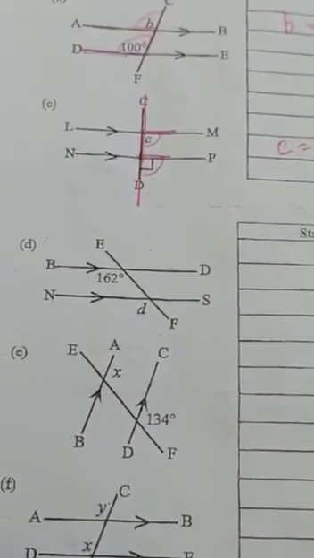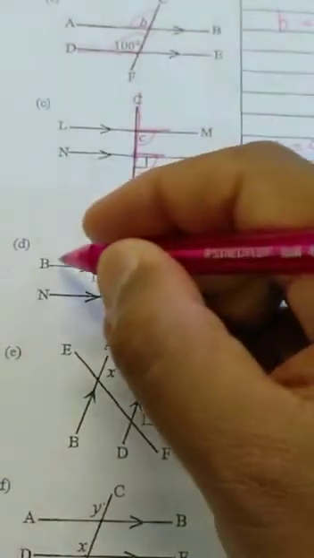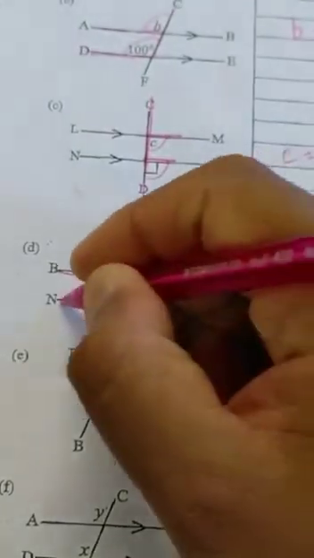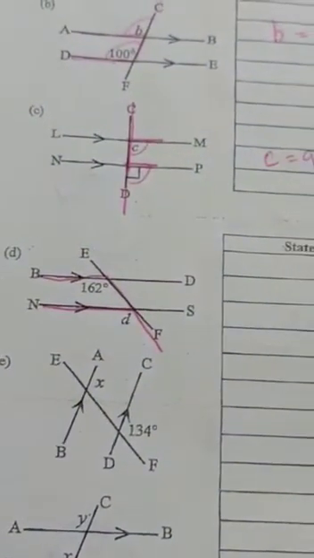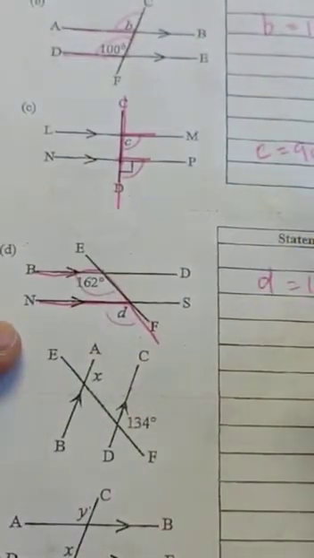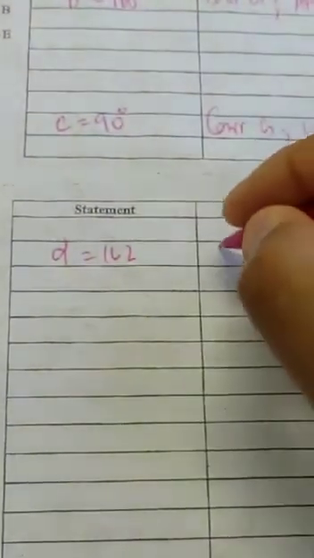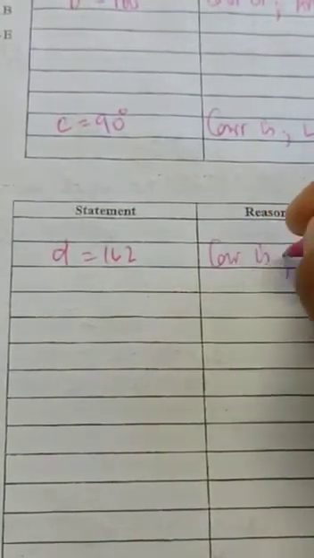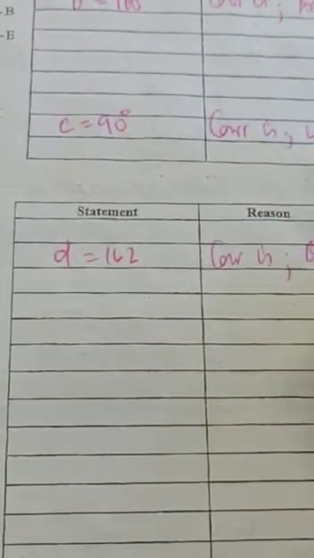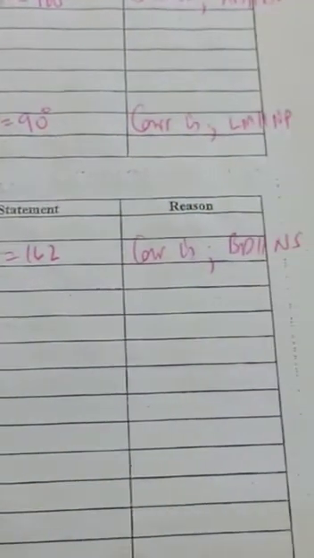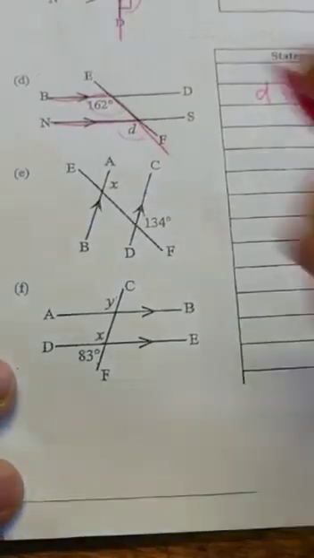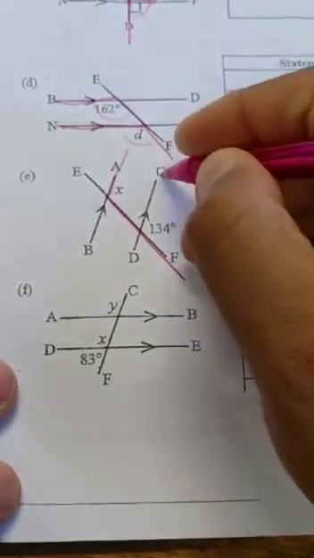Let's look at D. Again, you've got your corresponding angles here. So D is equal to 162 degrees. Corresponding angles with BD being parallel to NS. The next one, again, there's your F being formed.